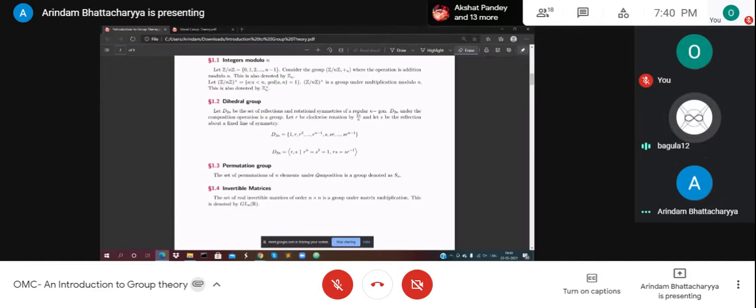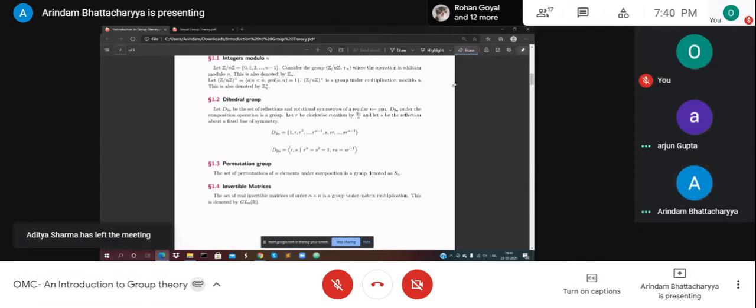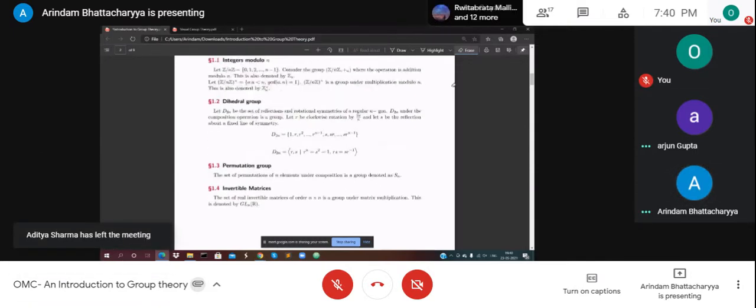The binary operation is function composition itself. We are composing two functions, right? Okay, got it. Both the permutations are functions, and we are composing them. I think people have no doubt.